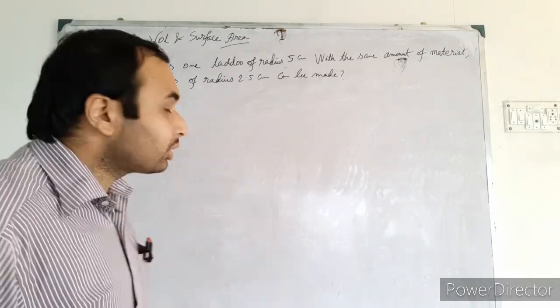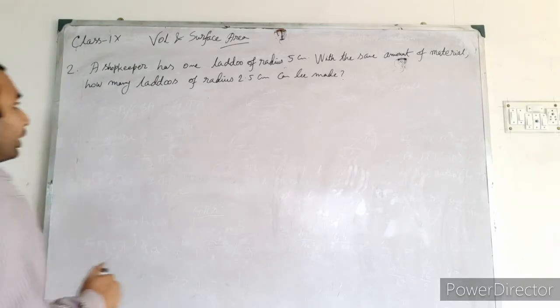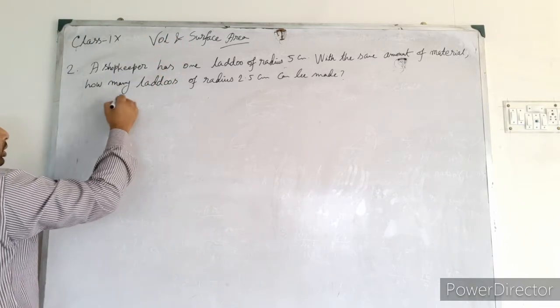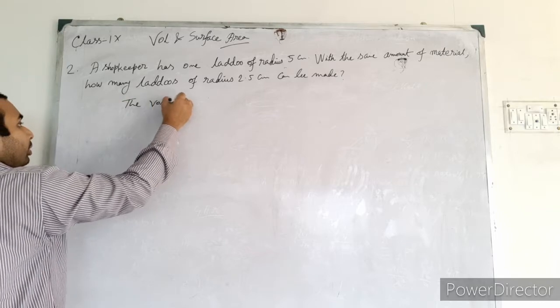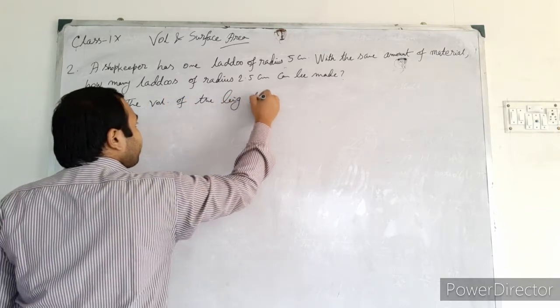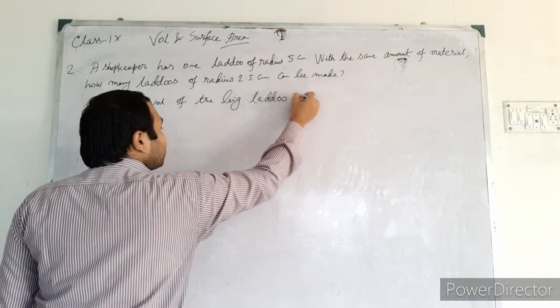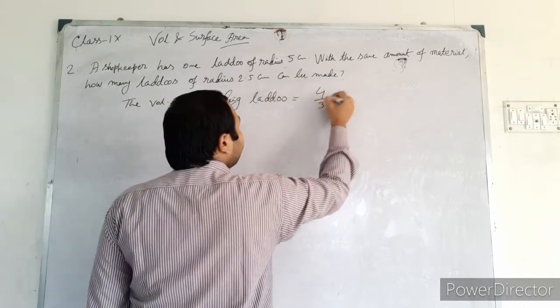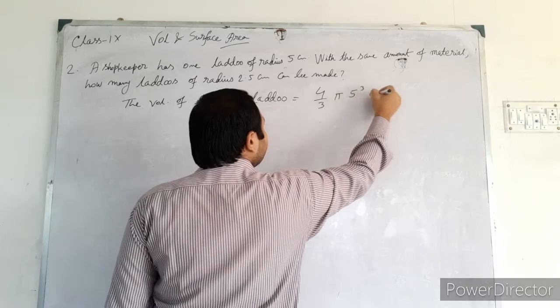So how many laddus can be made there? First of all, what is the volume? The volume of the big laddu equals 4/3 pi 5 cube centimeter cube.